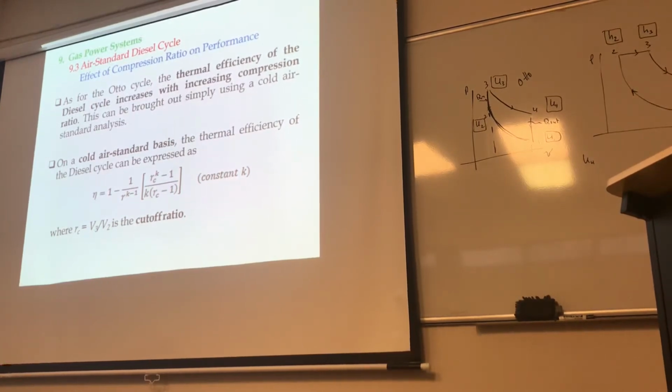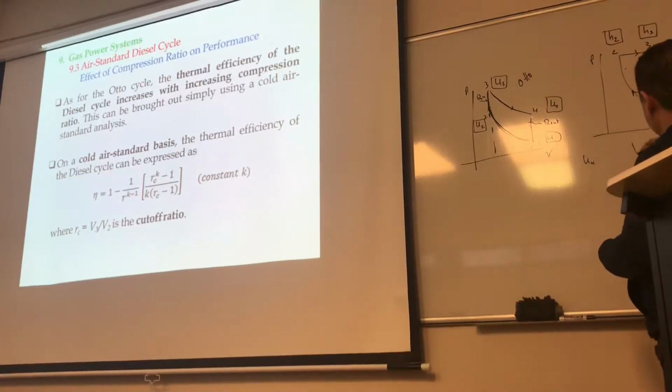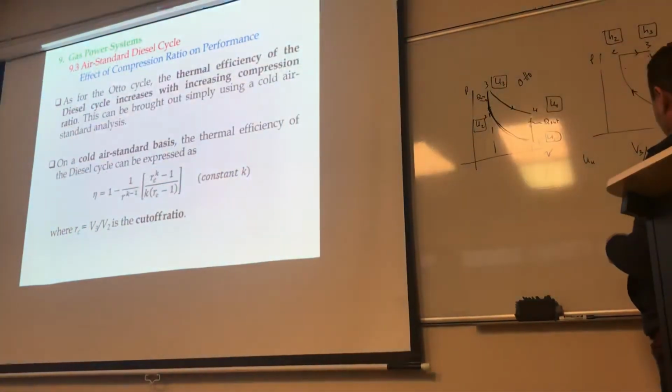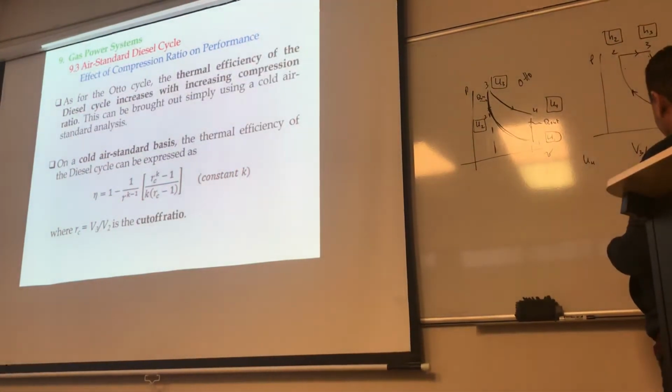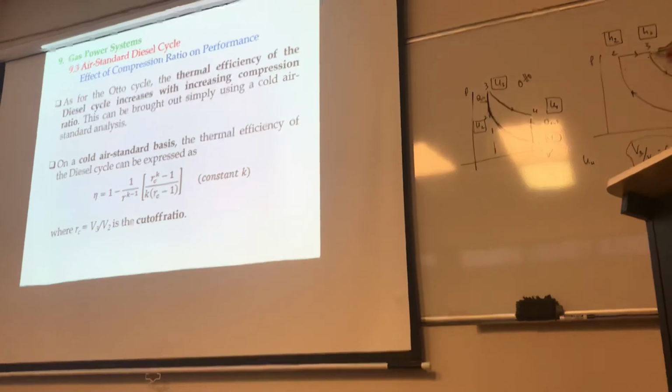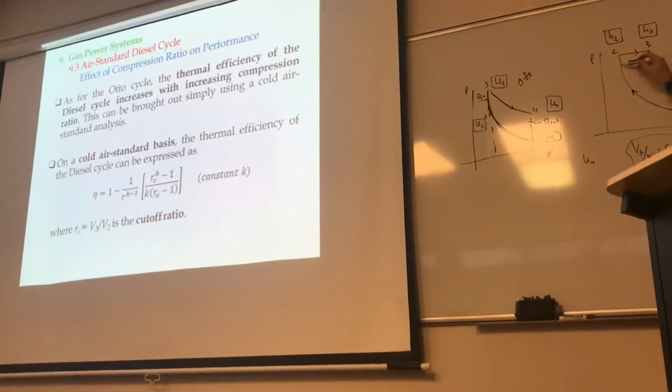But the volume ratio V3 over V2 has a special name in diesel analysis, and it's called the cutoff ratio. So if you read a problem in which they mention the cutoff ratio, that means it's this volume divided by that volume. And what is the ratio of this volume to this volume?